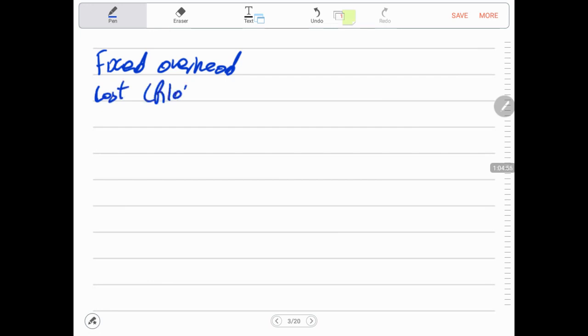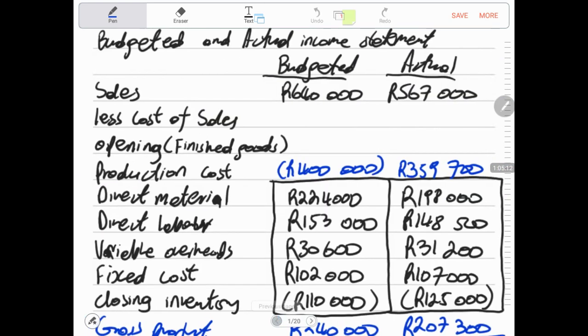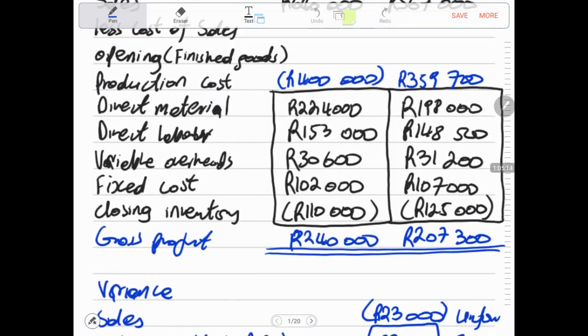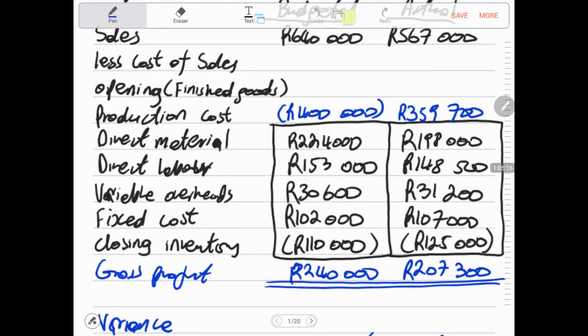It was 102,000 minus actual fixed cost 107,000. The difference was 5,000, and 5,000 was unfavorable. This one is exactly from the income statement. We budgeted our fixed cost to be 102,000 and our actual 107,000, and the variance there will be 5,000.